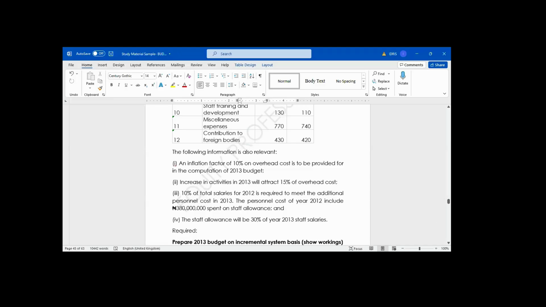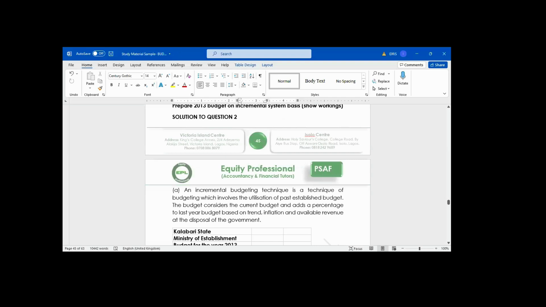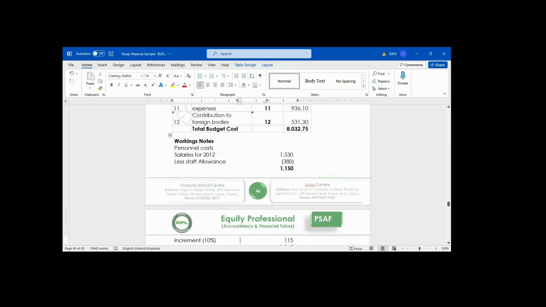In that case, you need to remove it. You remove the staff allowance, 380. That means the balance remaining is 1,150,000,000.